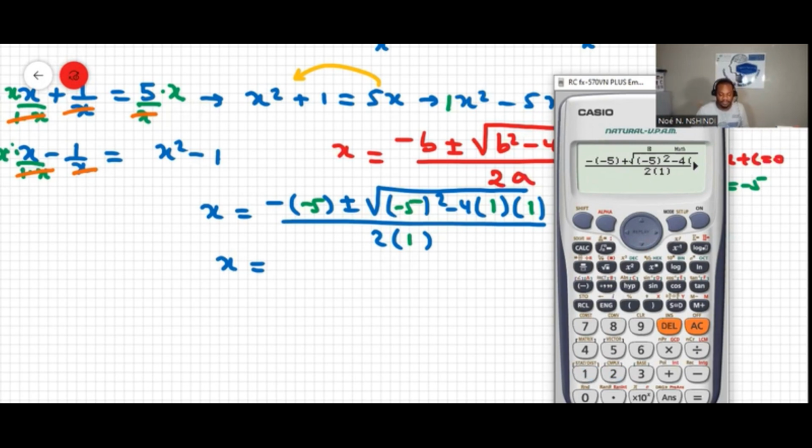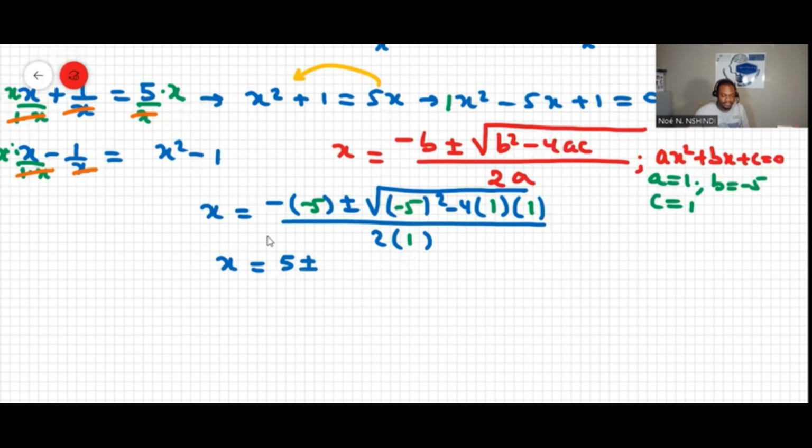If we hit equal, the answer is 5 plus or minus the square root of 21, over 2.